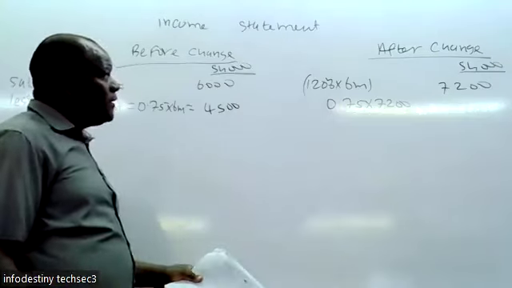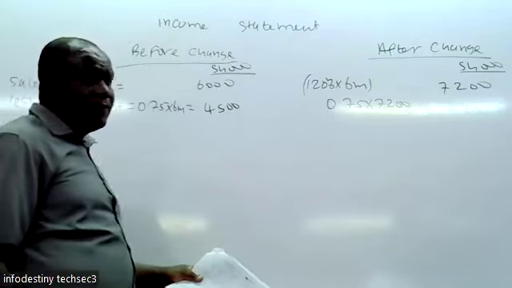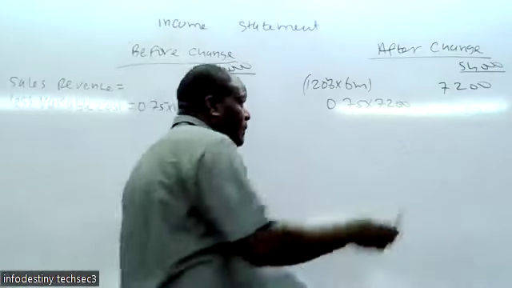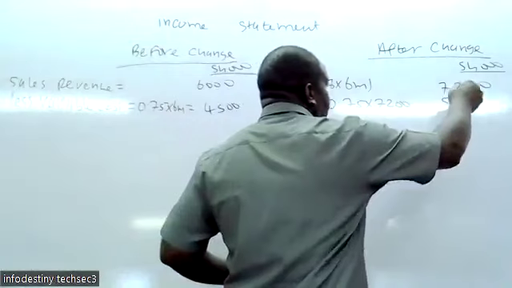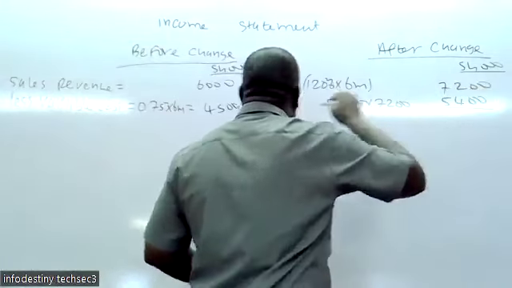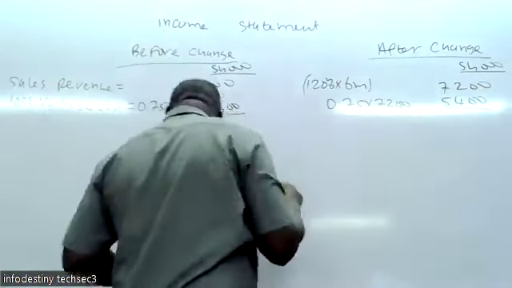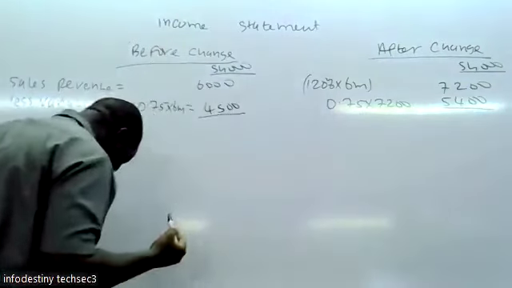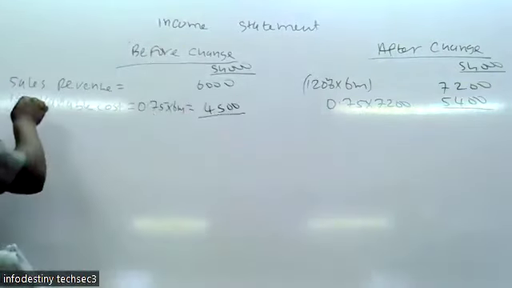So it is giving us around which figure? This one, 5.4. So when you subtract, you now come up with the contribution.